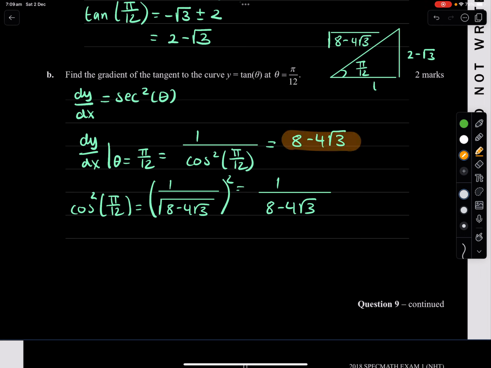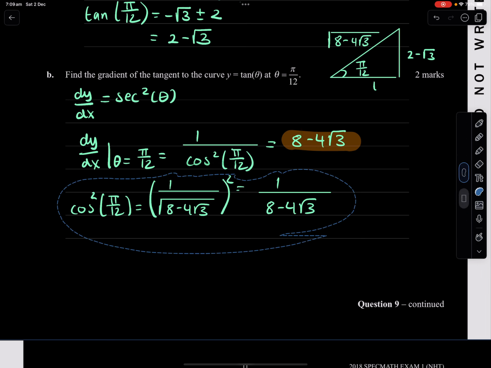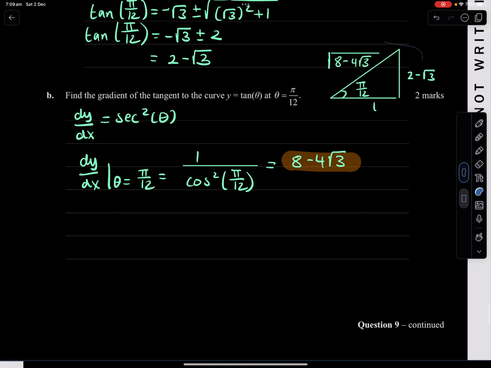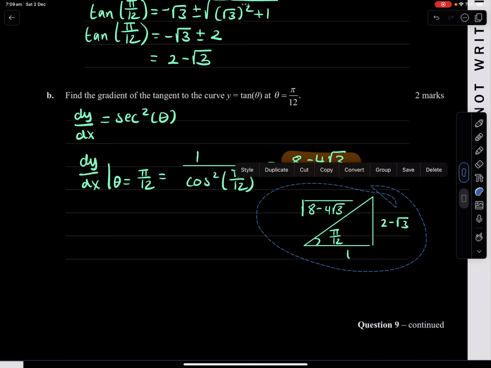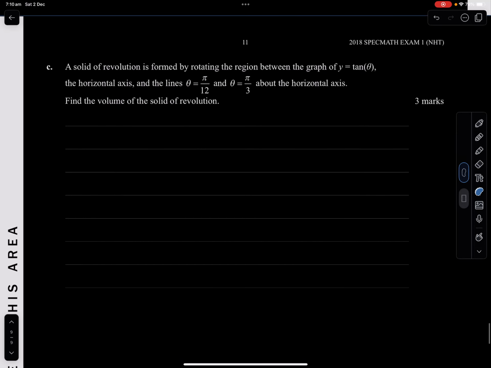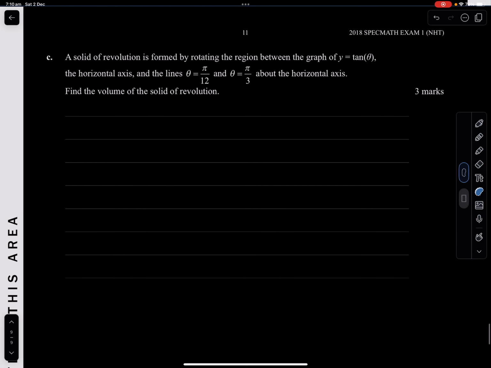All right. I'm going to get rid of this. All right, and bring this over here. That's it. This is the last question. So, C, a solid revolution is formed by rotating the region between the graph of y equals tan theta. So imagine this over here is tan.